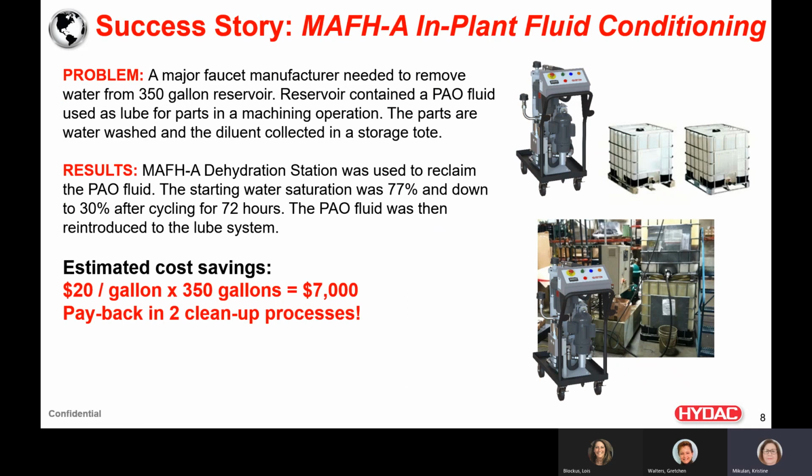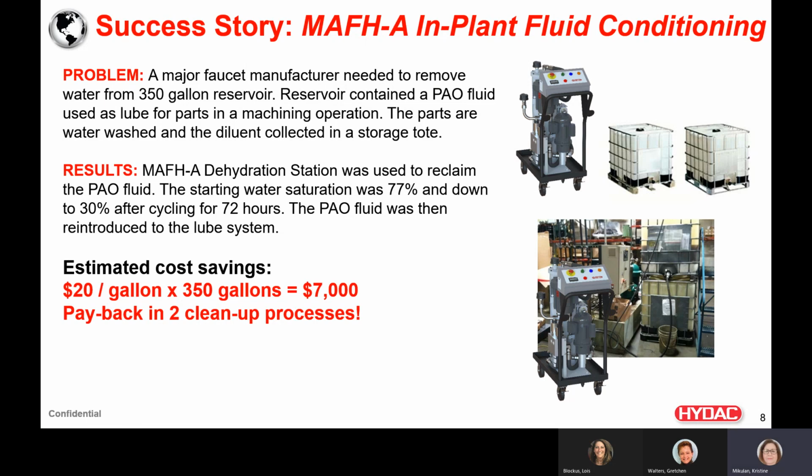So we did use our MAFHE in plant for fluid conditioning. The application was a customer that produces faucets for kitchens or bathrooms. They use a polyalpha olefin fluid in their processing.